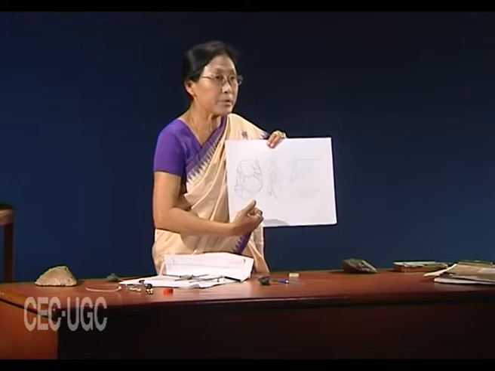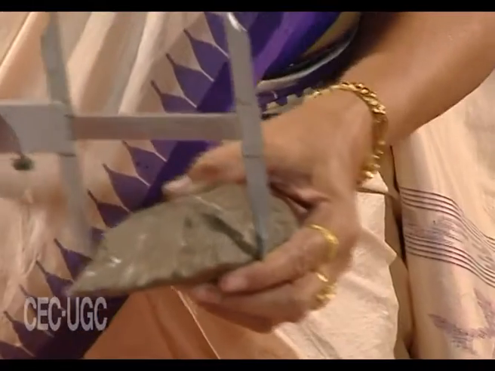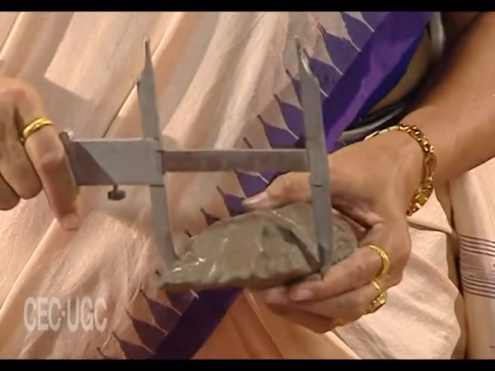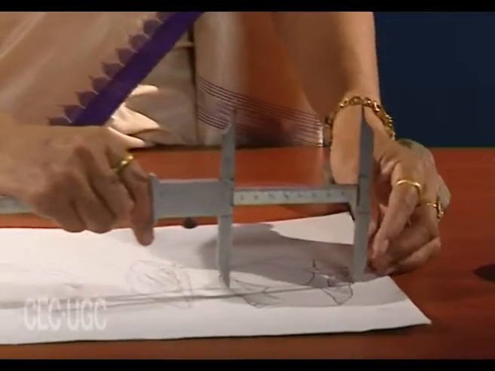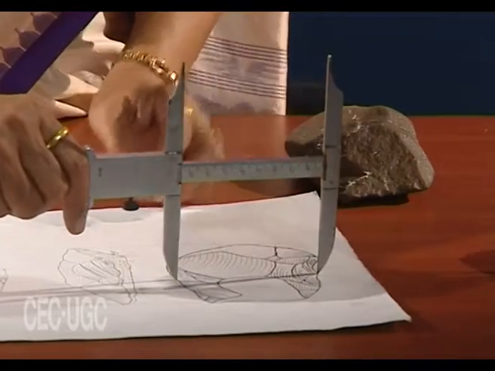Now let us draw the cross section. We have taken the measurement here, then we try to confirm it by measuring from here whether it is okay or not. It's okay.